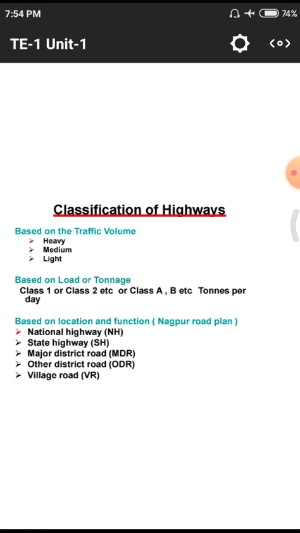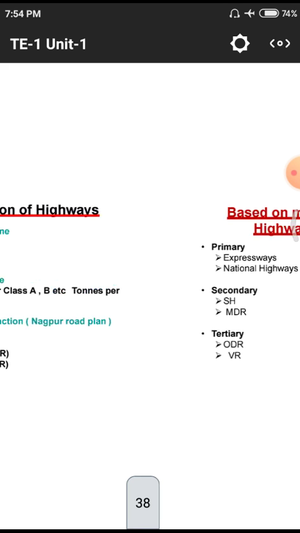Next one, major district roads, MDR, connecting major districts at the state level. Other district roads connect small districts having low population. And village roads connect the surrounding villages in a district. This is the classification depending upon the location and function.